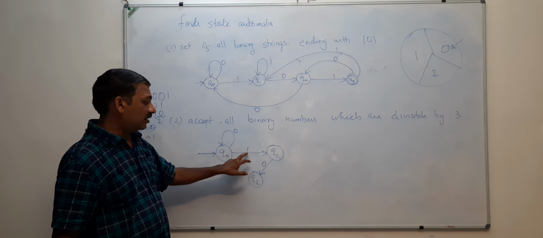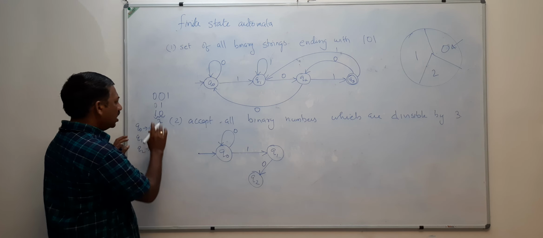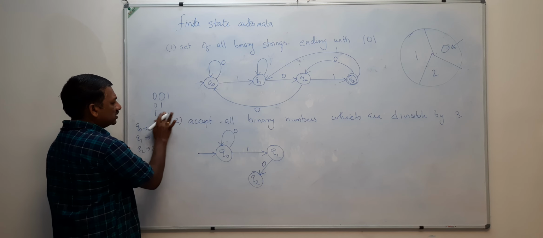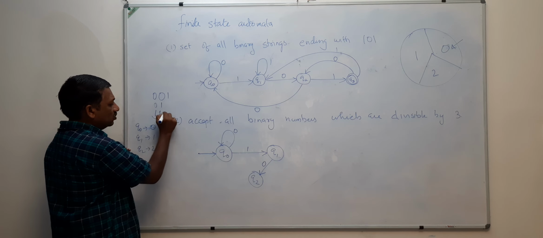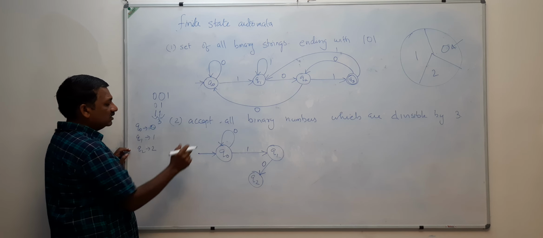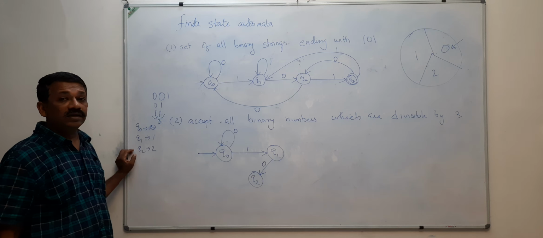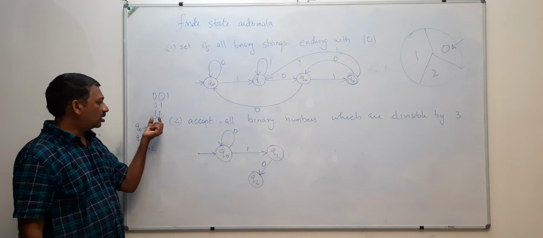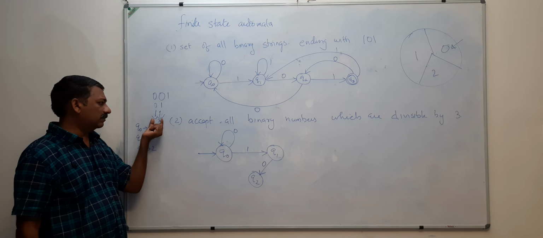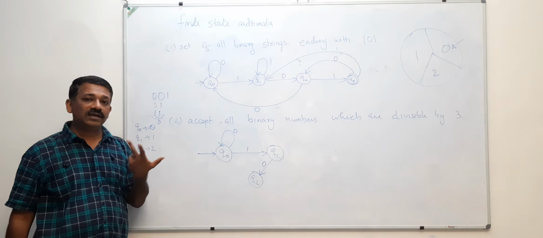Now what will happen if this is 1, 1? After the first 1, suppose that the next symbol is 1. Then overall, it is 3. When 3 is divided by 3, it generates a remainder of 0.